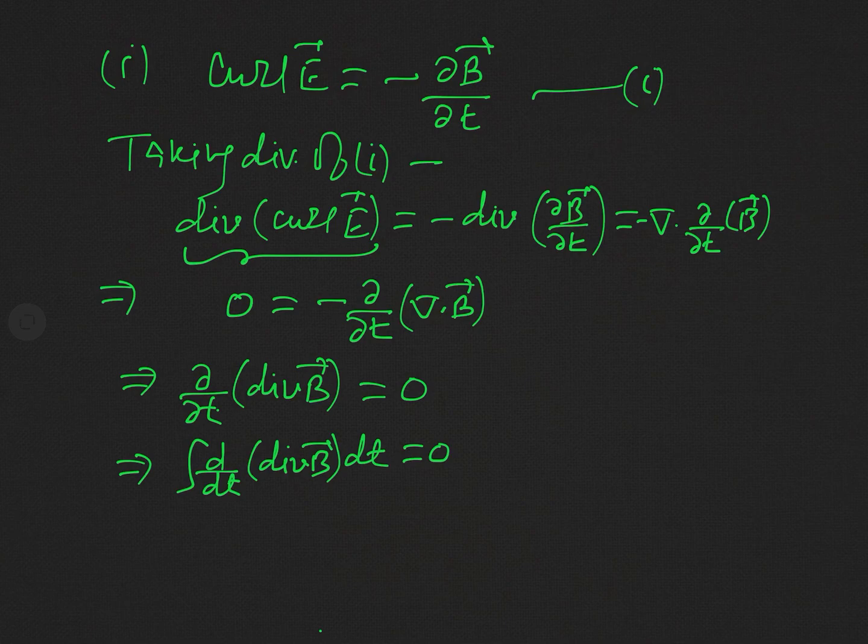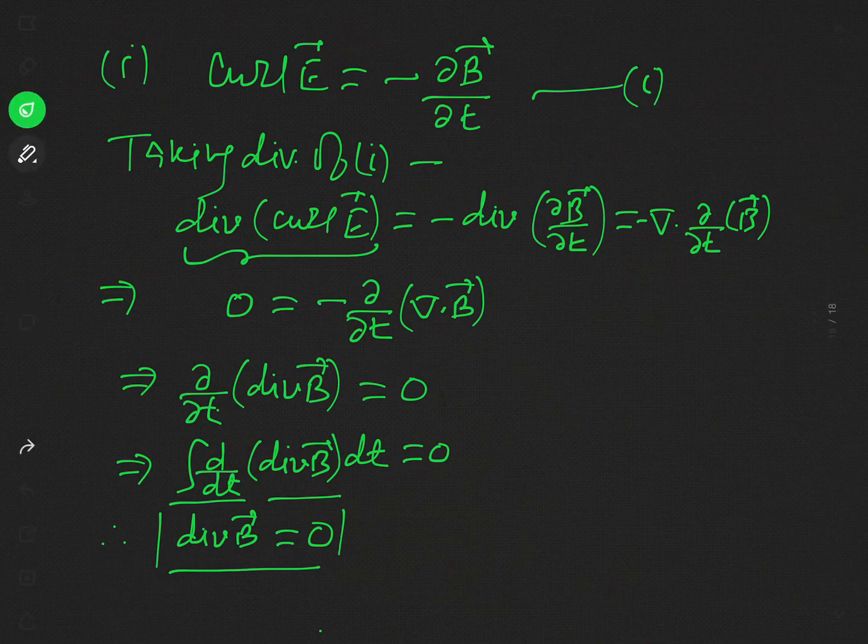And what this result refers to, you can see, is that divergence of B is equal to 0, and this is one of the divergence equations of Maxwell. So starting from one of Maxwell's curl equations, we have derived one of the divergence equations of Maxwell.